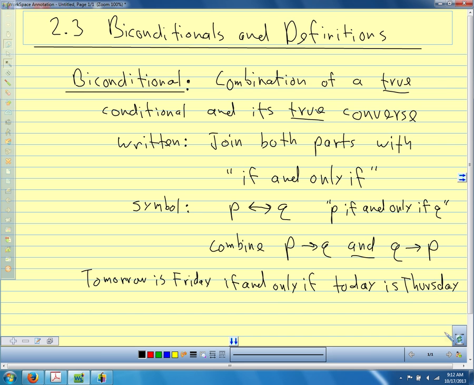So that would be the biconditional for the opener that we worked on. We could also write it the other way around: today is Thursday if and only if tomorrow is Friday. So that would be an example of a biconditional.